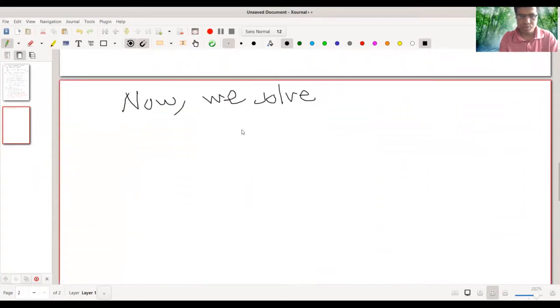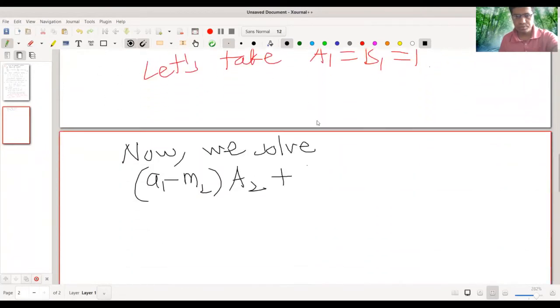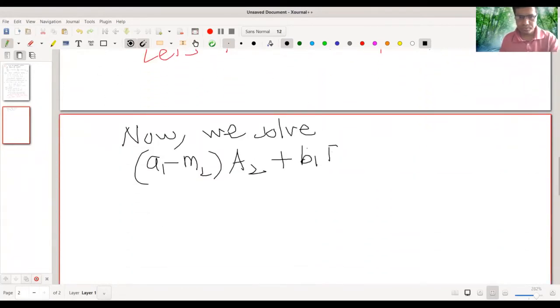So A1 minus M2 into A2 plus B1 B2 equal to 0. No need to consider the second equation, which will be a constant multiple of this equation.